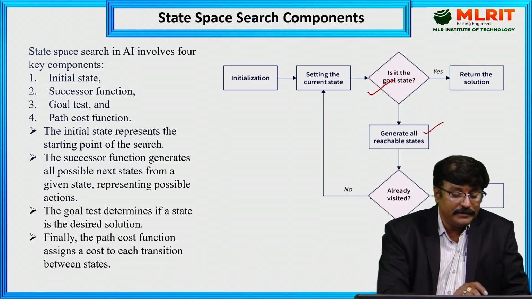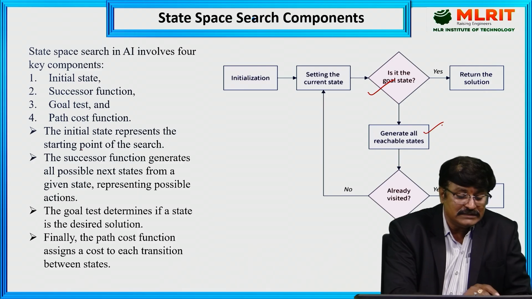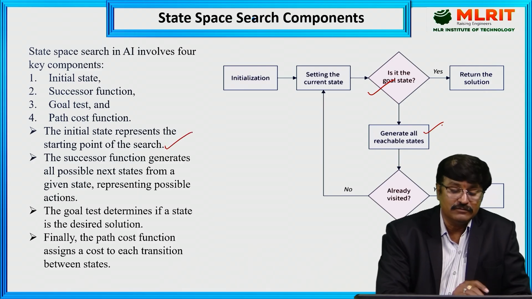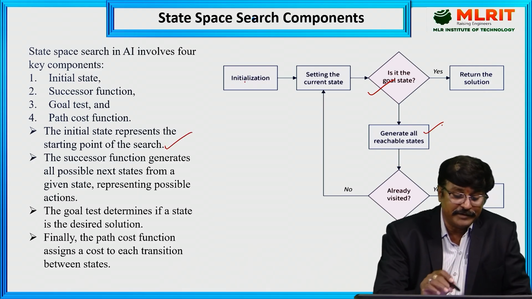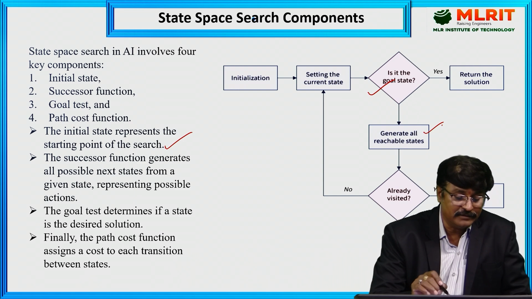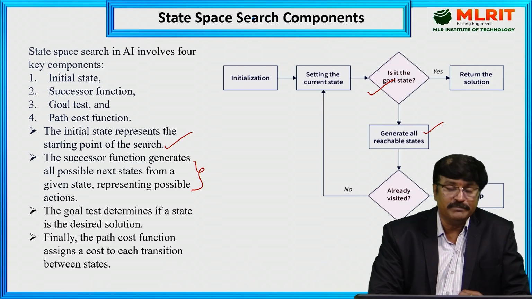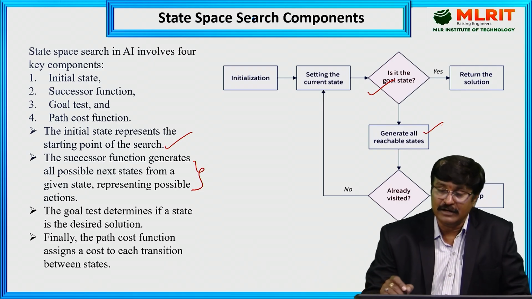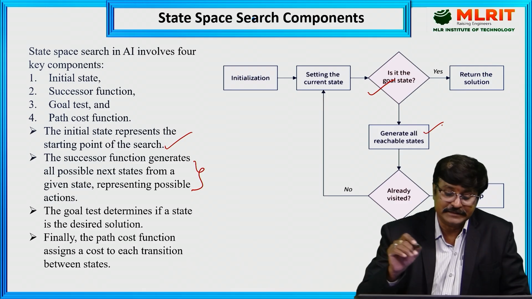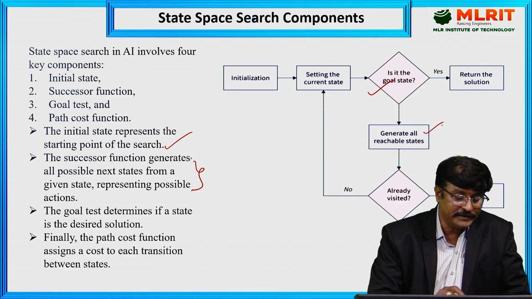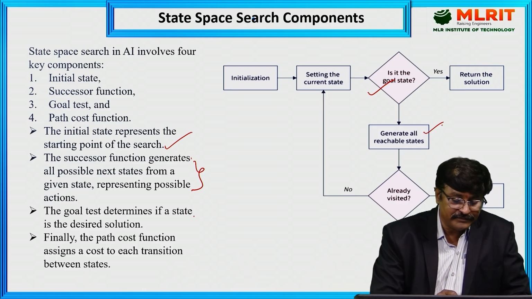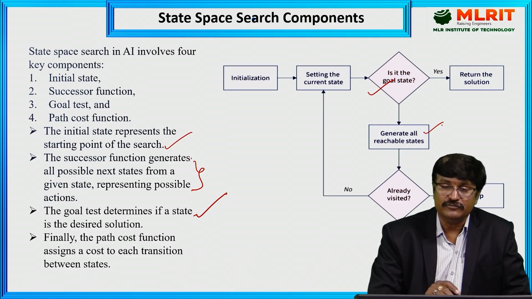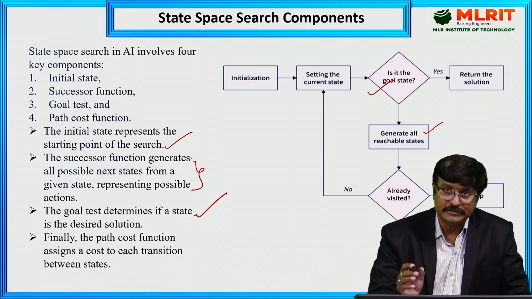The initial state represents the starting point of the search, where you start. The successor functions generate all possible next states from a given state, representing possible actions, based on whatever strategy you are applying in the algorithm. The goal test determines whether a state is the desired solution, that is, whether you have reached the goal state or not.